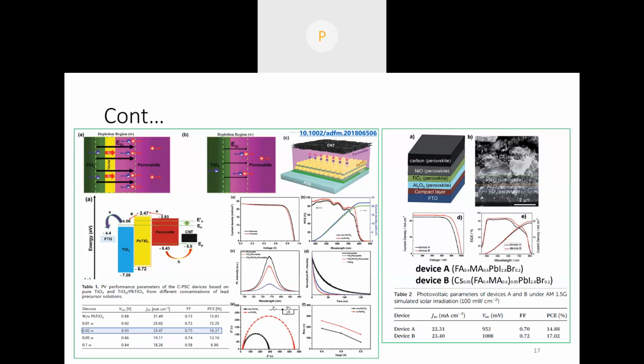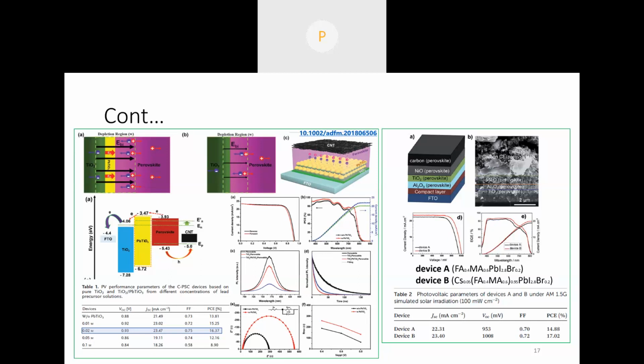The carrier lifetime also increases, and the impedance analysis reveals that as PBR23 is added, at lower frequency the impedance is increasing, which directly shows the improvement in device performance. So that is also related to the recombination.